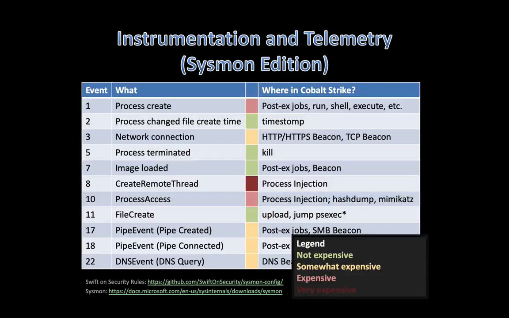This slide is a subset of Sysmon events and where they occur in Cobalt Strike. Here, I also have a legend that represents Raphael's 5 minutes of thinking about it rubric on which of these events are very expensive for OPSEC purposes and which ones are not.